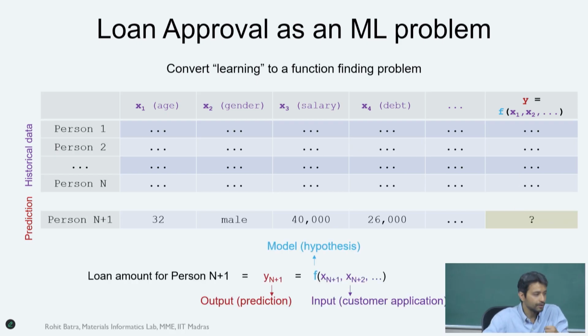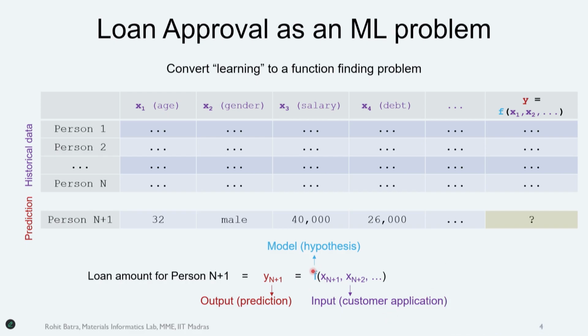So what the bank can do is simply try to learn a function f. This function f will take as input the features of the previous people who have approached the bank, and it will try to output the correct loan amount, the good credit amount, that these people were given. So basically there is a mapping between your x's and the y. That function is what the bank will try to learn, and this function is nothing but your model.